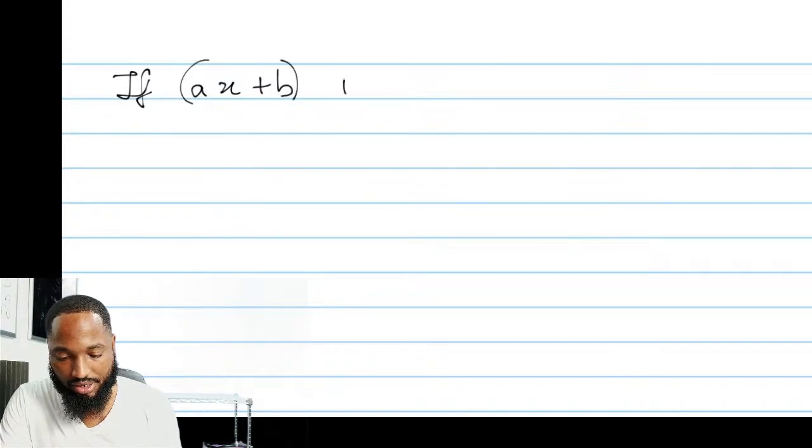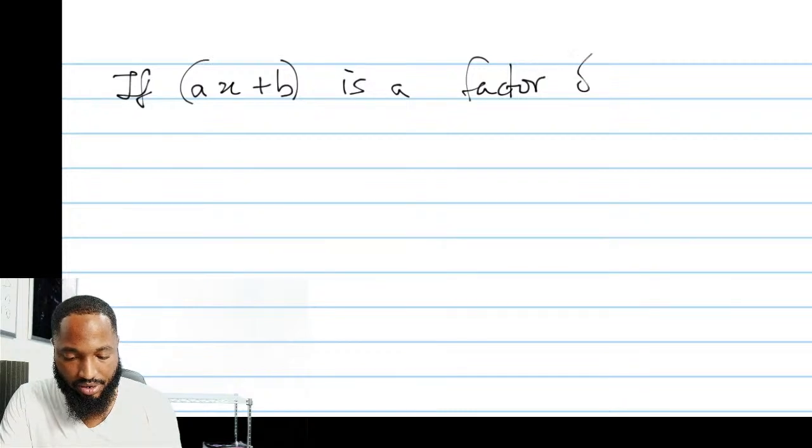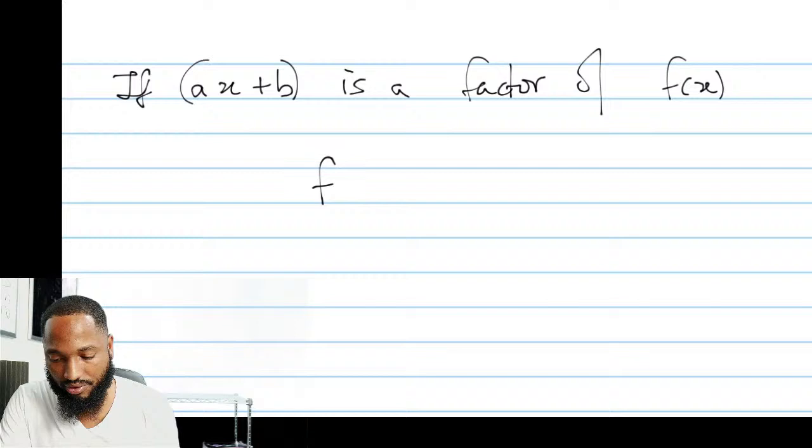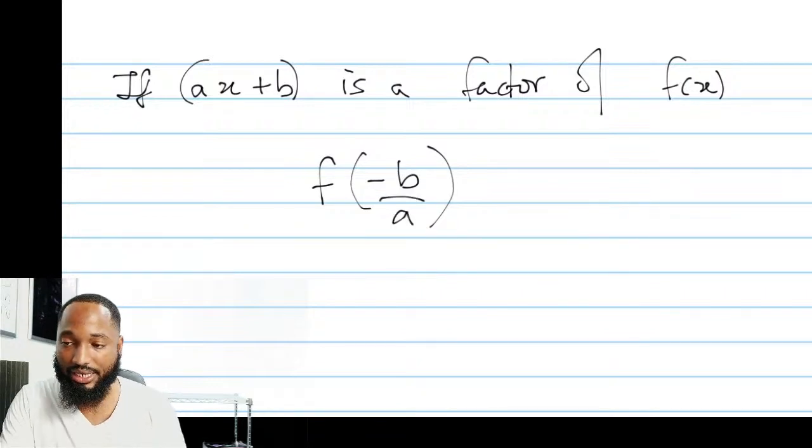The law for this is, if ax plus b is a factor of f of x, then f of negative b, and if there happens to be an a that is not 1, divide by that a, is equal to 0.